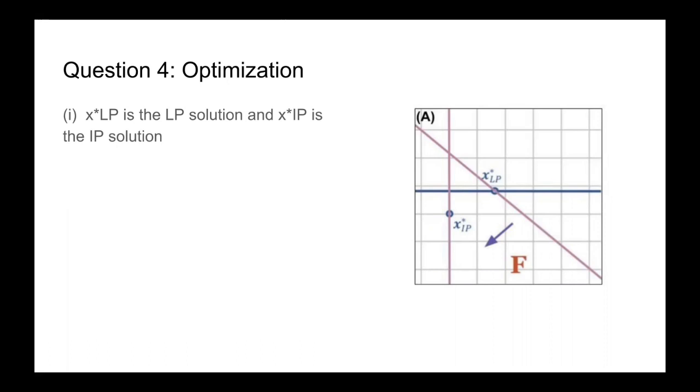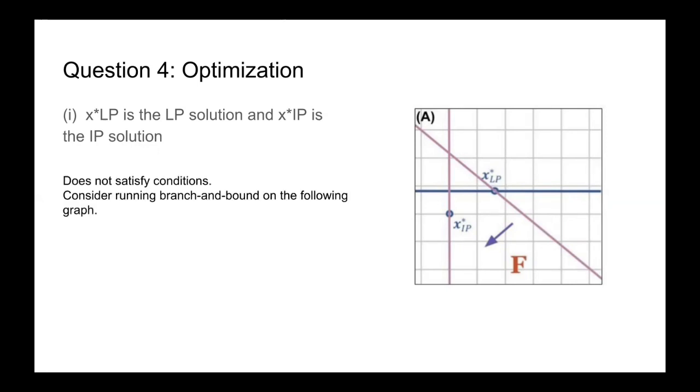We're given 2 points here, XLP and XIP, with the 3 different boundaries, which represent the constraints. The feasible region is that bottom region here. In terms of whether this satisfies the constraints, we see that the X star LP is indeed a valid solution to this particular problem.